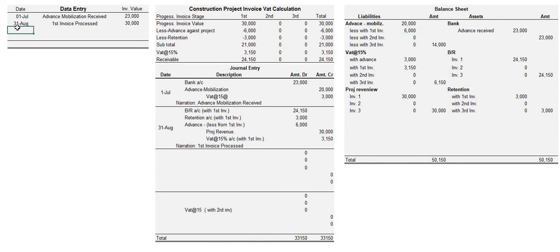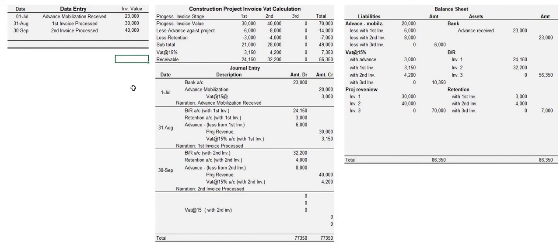Now we move to the second invoice. On September 30, we have prepared our invoice for 40,000.